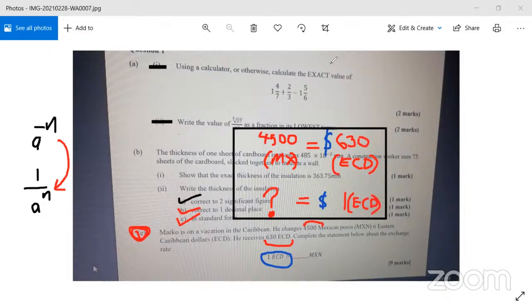So the answer to this question is fairly simple. If we divide 630 by 630, that will give us the value of 1.